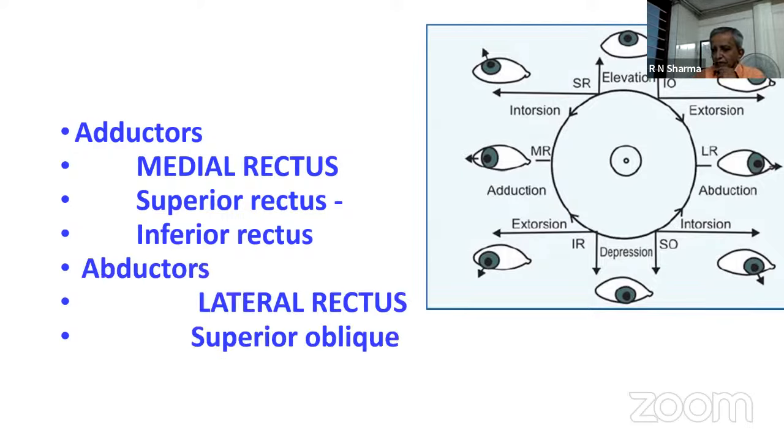Abductors: lateral rectus and superior oblique, inferior oblique. So adductors are medial rectus, superior rectus, inferior rectus. Abductors are lateral rectus, superior oblique and inferior oblique. Both obliques happen to be abductors. Both recti will act as adductors.